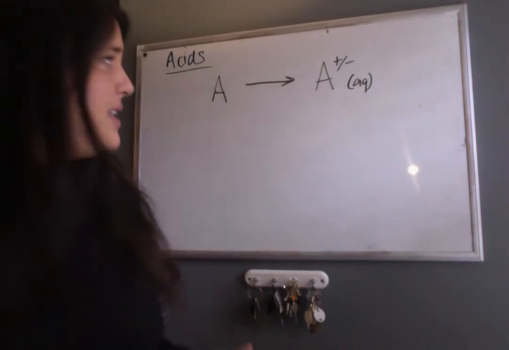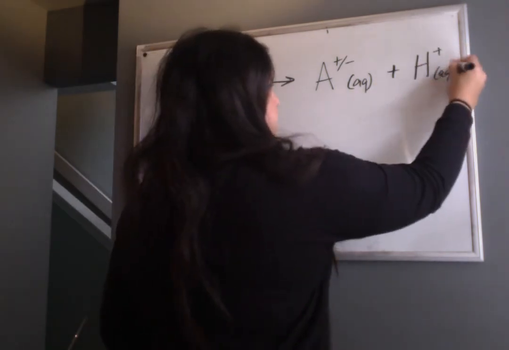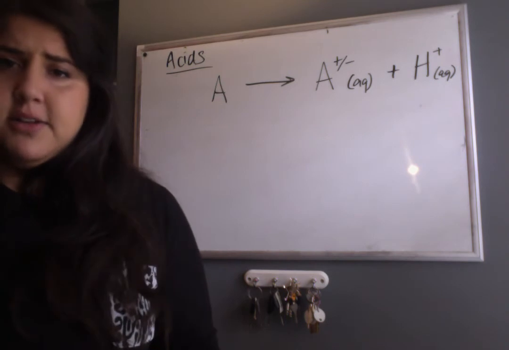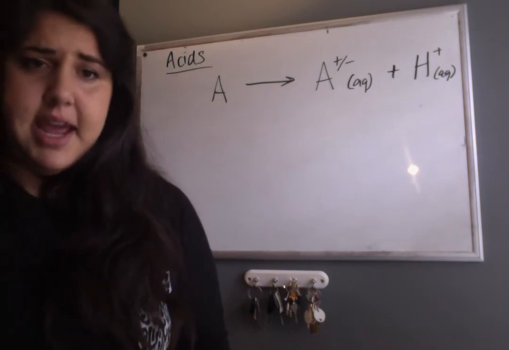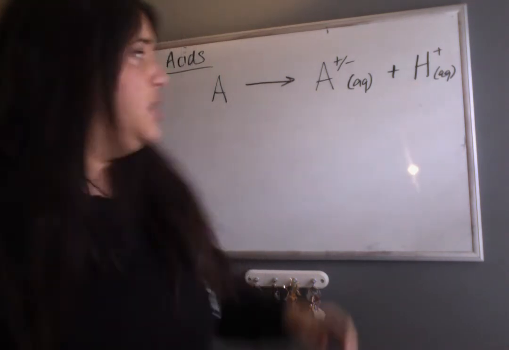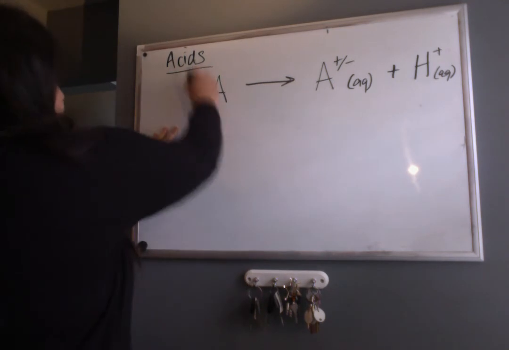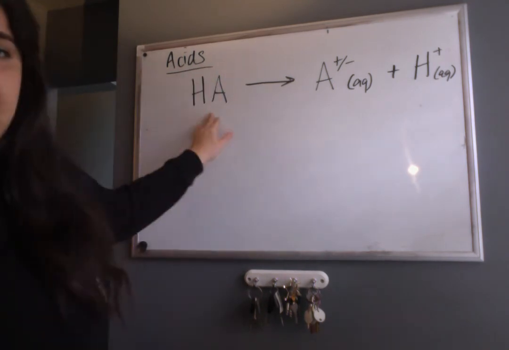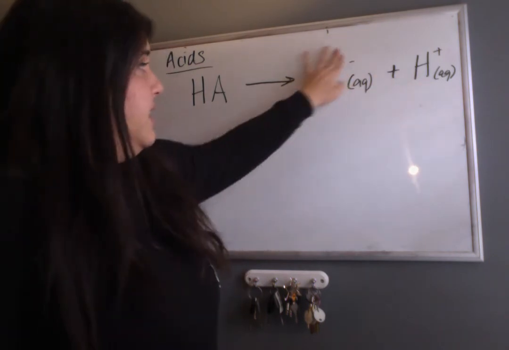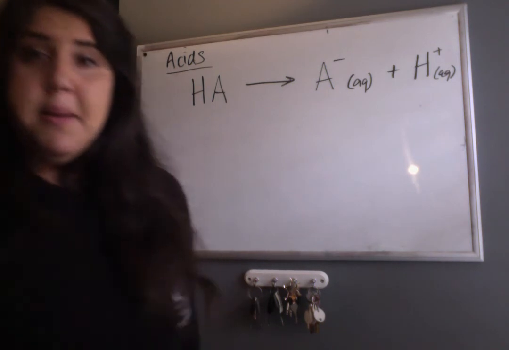Okay, so that means that I must also form H+, aqueous. So again, the Arrhenius theory tells me that a molecular substance that ionizes in aqueous solution to form hydrogen ions in solution, okay, that means that I must have had hydrogen attached to whatever this thing is here, HA, forming H+, which then means that whatever I have left that ionized must be some A-.